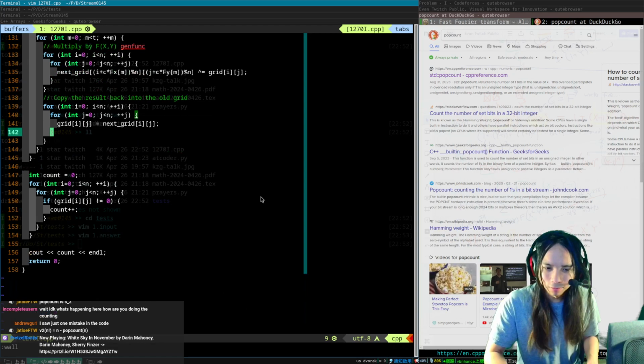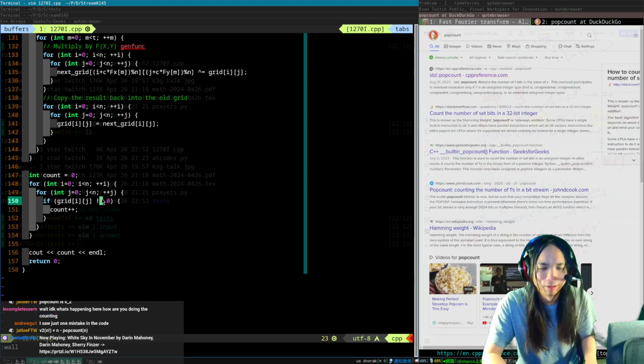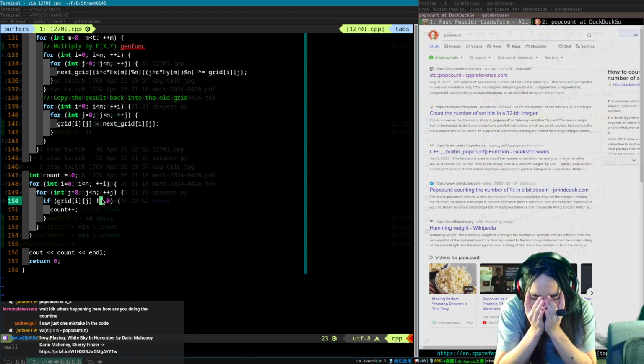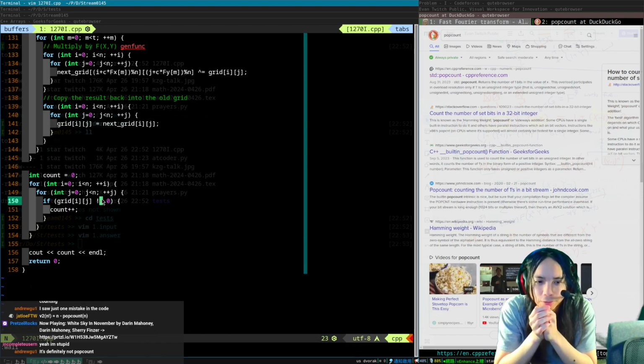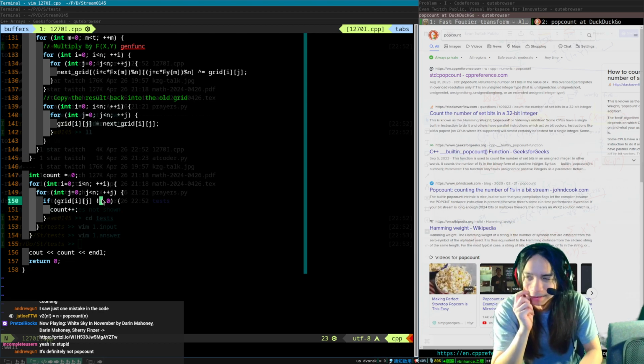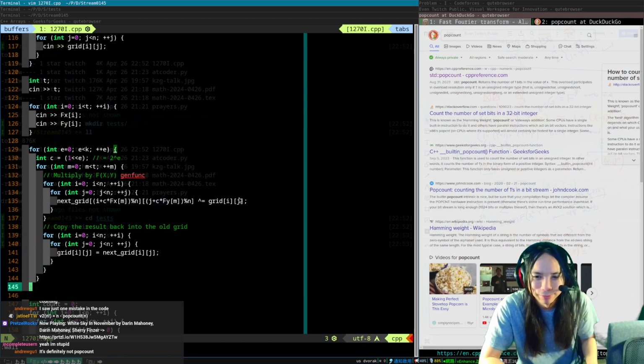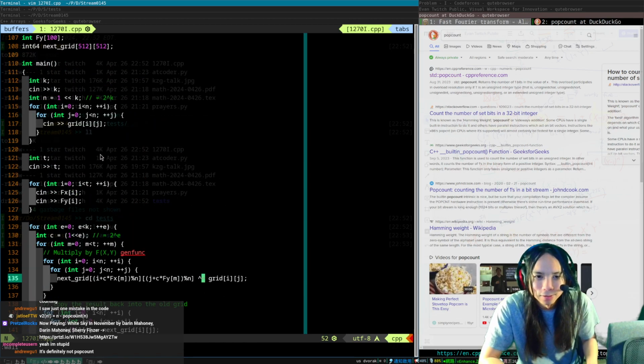Wait, I disagree that it should be based on S2 or pop count or whatever. Like, hang on. Oh wait, actually no, you might be right. Hang on. Okay, but first of all, this shouldn't be giving me 0 everywhere. So something's wrong with that. All the entries of the grid are 0.